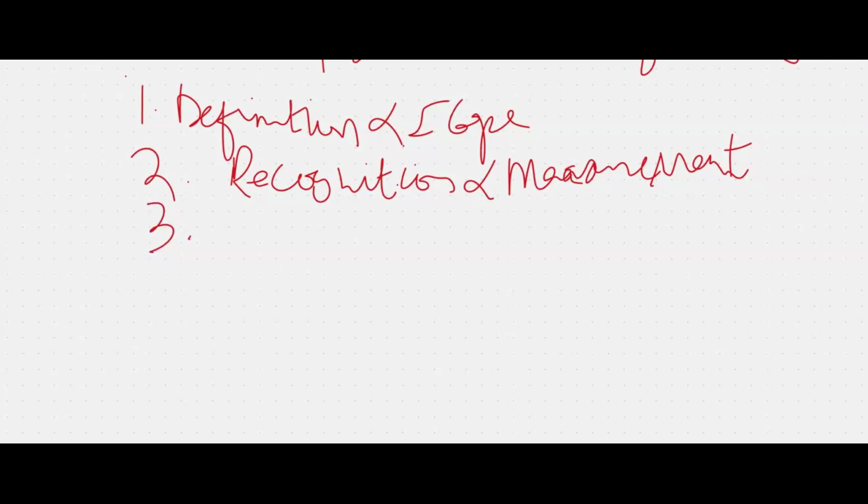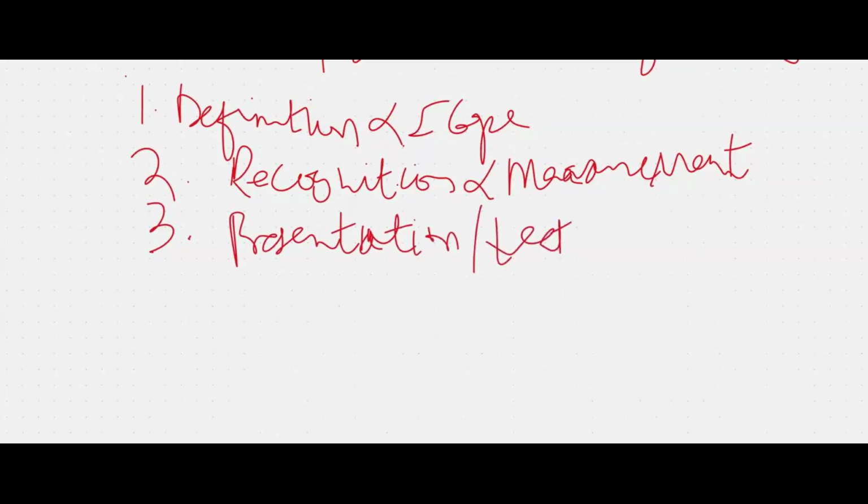Three, we have to look at presentation or treatment in the financial statements. How do we record a presentation or treatment in the FS, financial statements? Four, we have to look at the derecognition, if there is any derecognition.